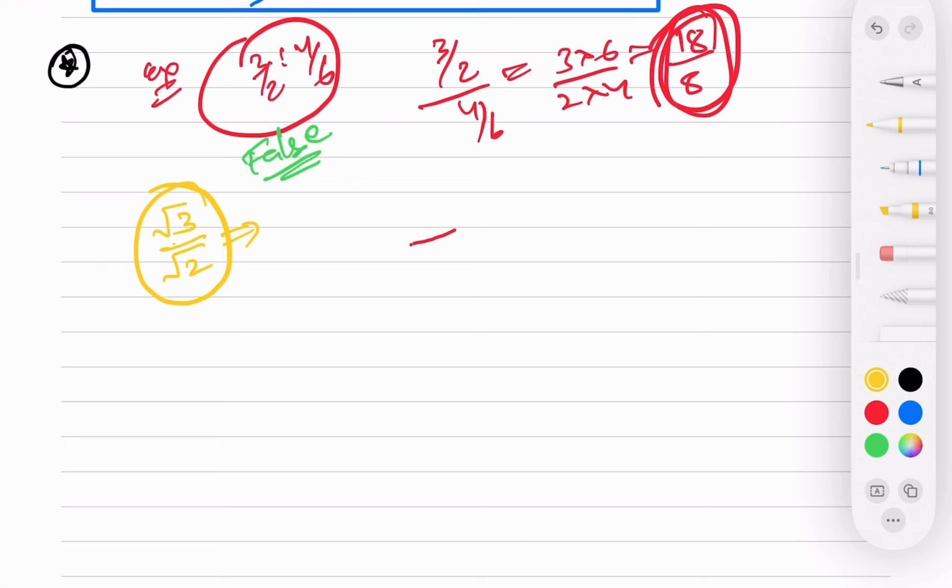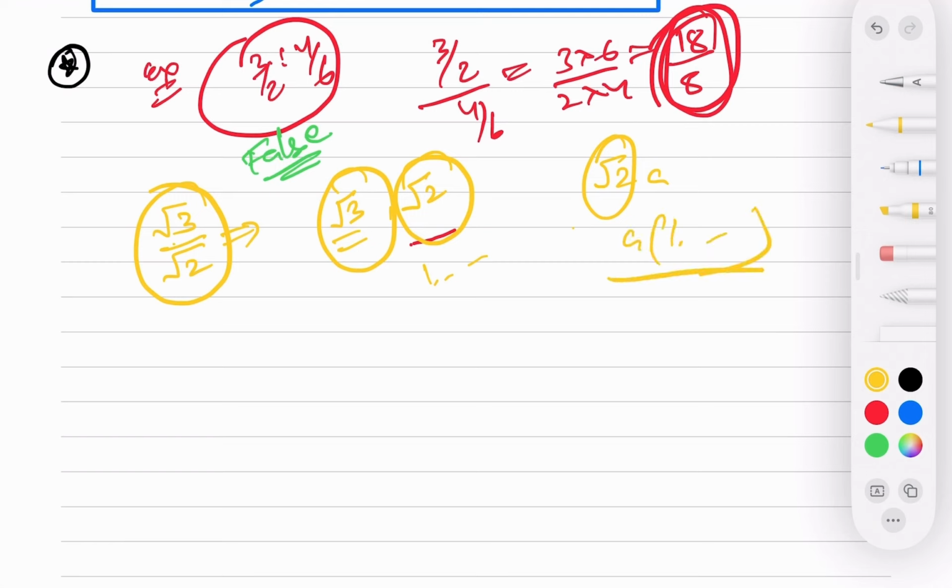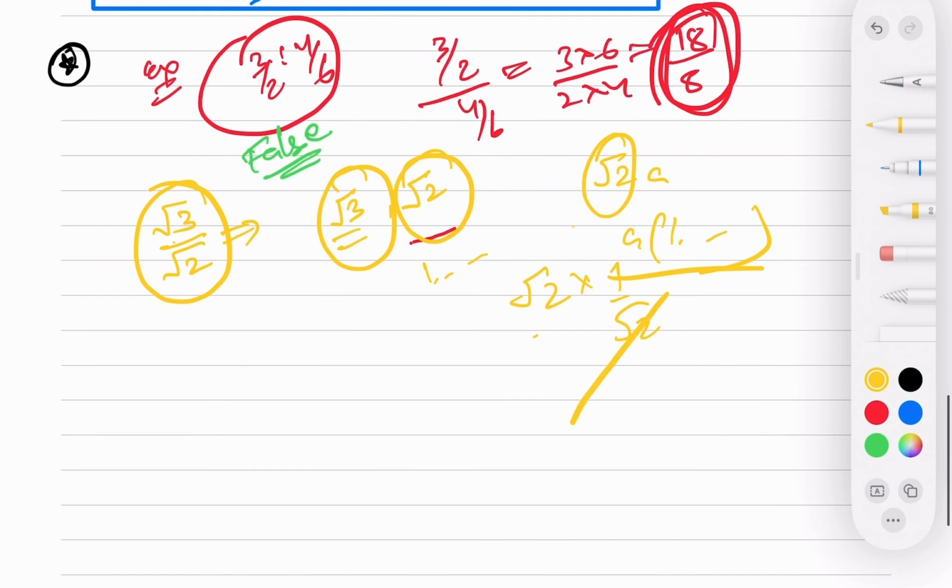No. So sometimes when you get root 3, root 2, you don't multiply with its values. For example, if I have root 2a, you don't multiply a with 1 point something. You just keep it as root 2, so that sometimes if the other side is 1 by root 2, you just cancel it out. That is how you do it. So remember these small things. Sometimes the question can be like this.